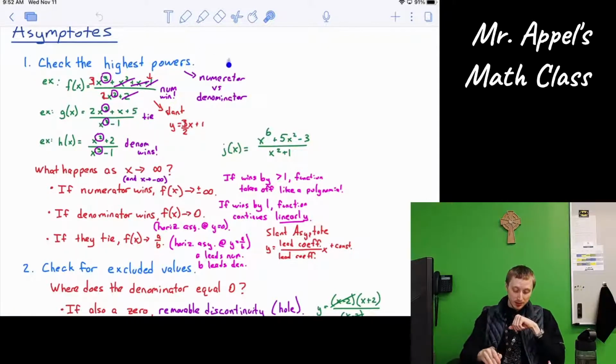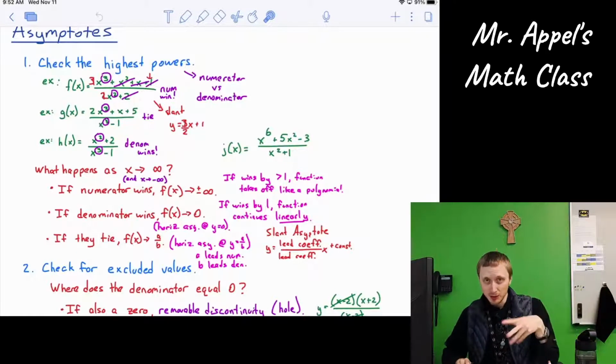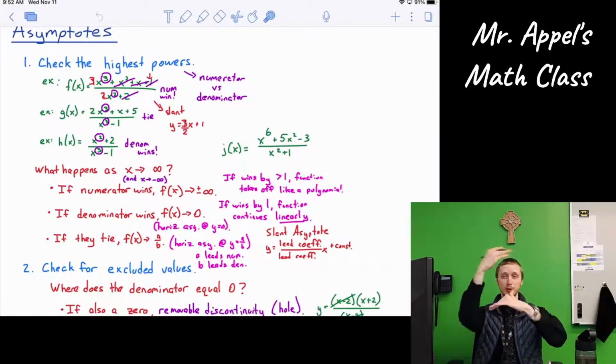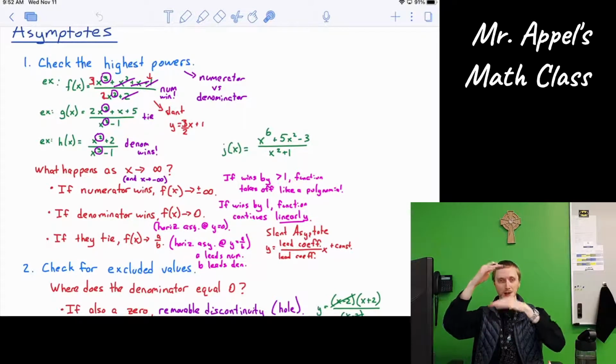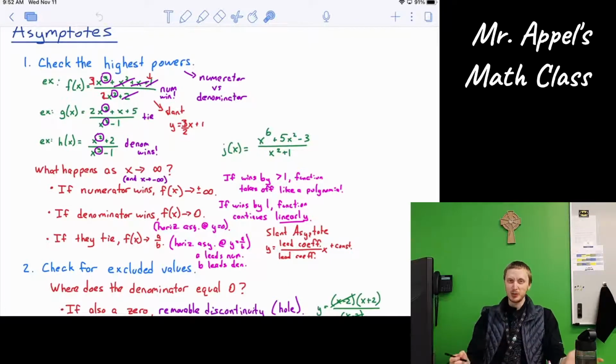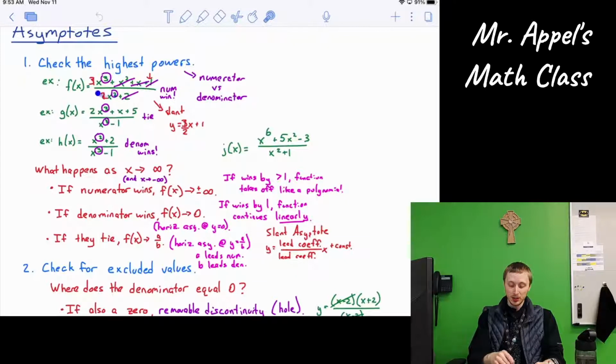So let this still be your step number one, because it's most often going to be the form you encounter these in. They'll already be two polynomials in standard form, one in the numerator, one in the denominator. And so you can find that highest power. And this is barely even a calculation. You're comparing two numbers to find out who wins. If necessary, then do a division of their coefficients to get the horizontal asymptotes. I would still start there.